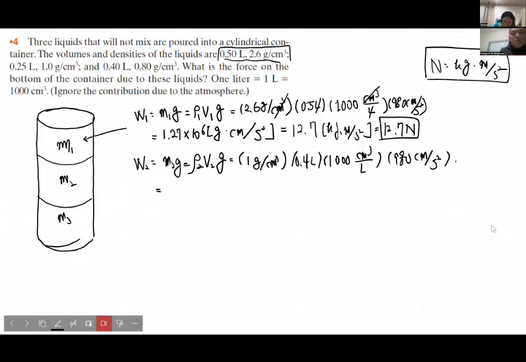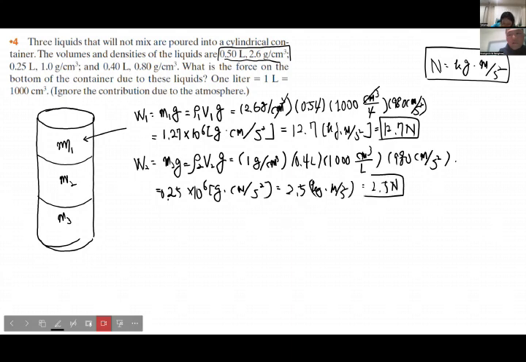So that is 0.25 times 10 to the 6 gram centimeter per second square, which is 2.5 kilogram meter per second square. That is 2.5 Newton.